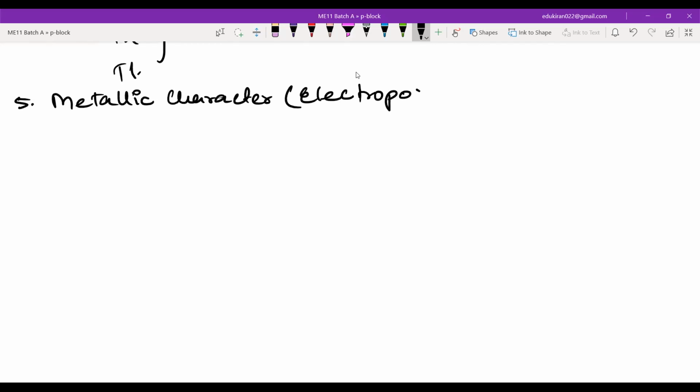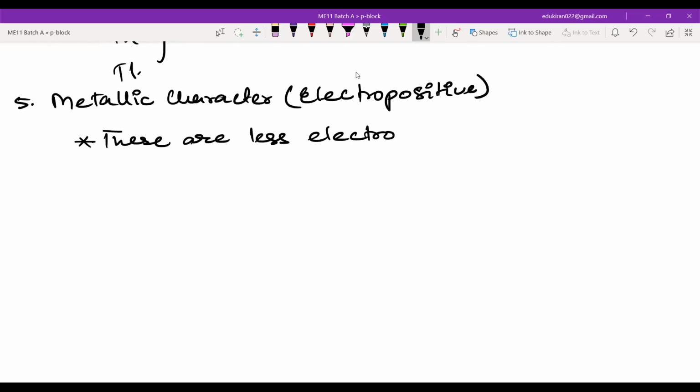Now, if you have very high ionization enthalpy, then we can say that these are less electropositive than group 2 elements, and that is why they will have less metallic character.